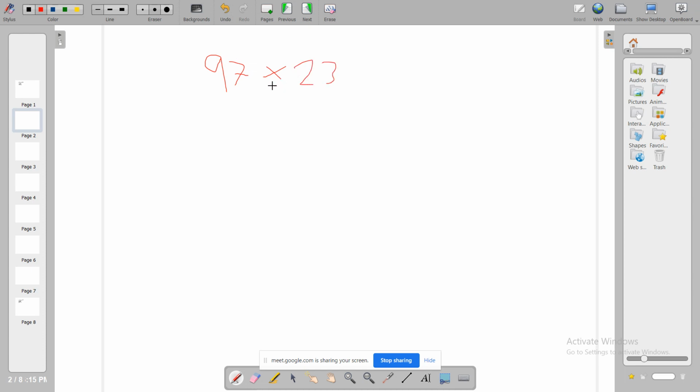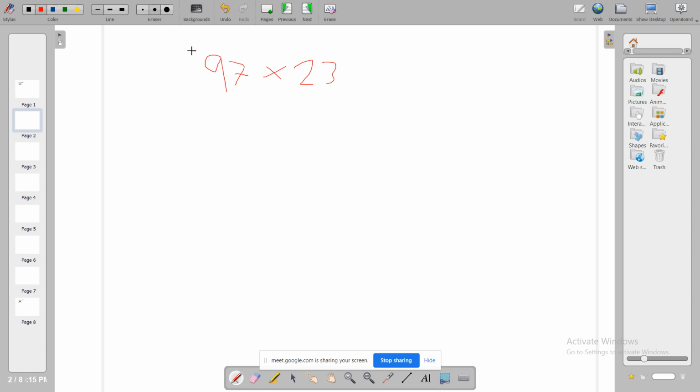When you have this, the first question you need to ask yourself is, what is the reference number for 97, and then what is the reference number for 23?